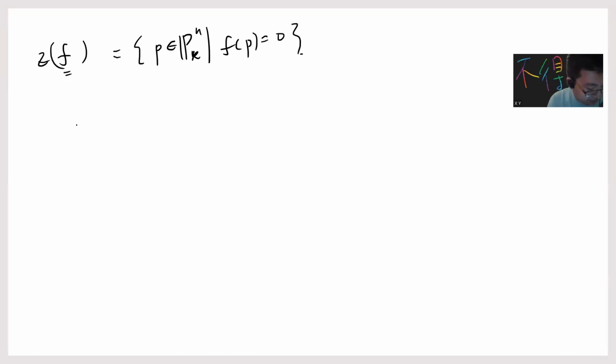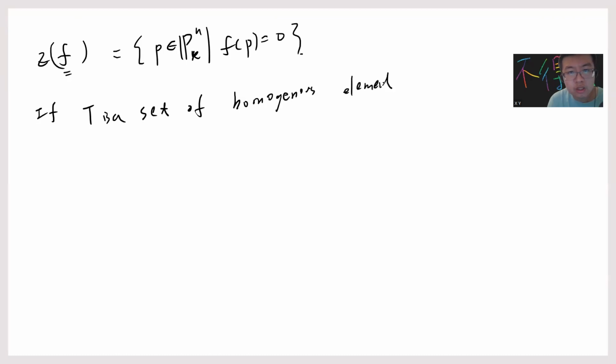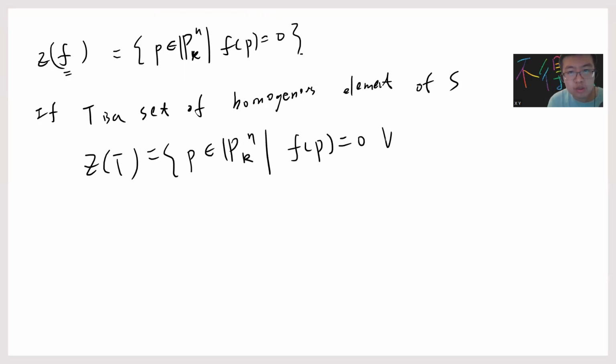And if T is a set of homogeneous elements of S, then one can define Z(T) to be the zero locus, so it's all the points p such that f(p) equals 0 for every f belonging to T. So now you can also define, yeah, a simple definition.